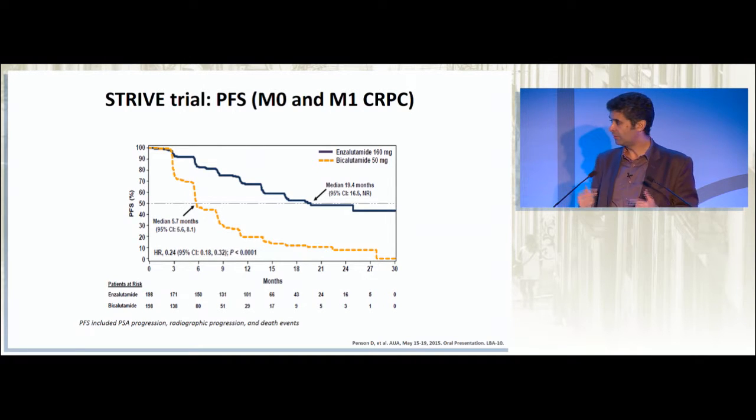So perhaps I will give it a try for, let's say, a month with bicalutamide, a quite non-toxic and cheap drug. I will see my patient again. If he's benefiting, fine, just continue and monitor. If he's not benefiting, then let's switch him to enza or abi. And I think these two options are very reasonable. Just choose the one you like.